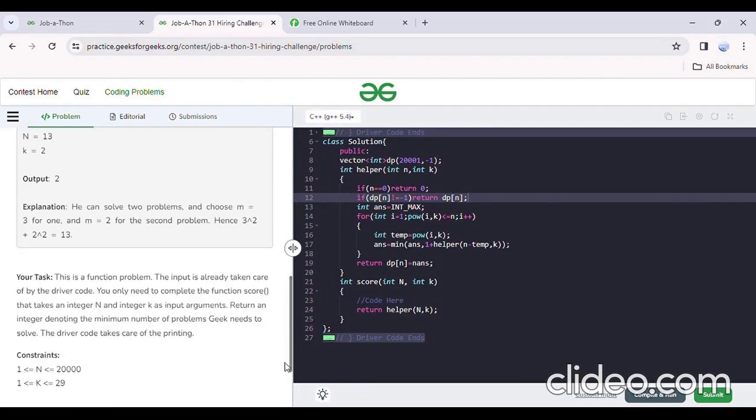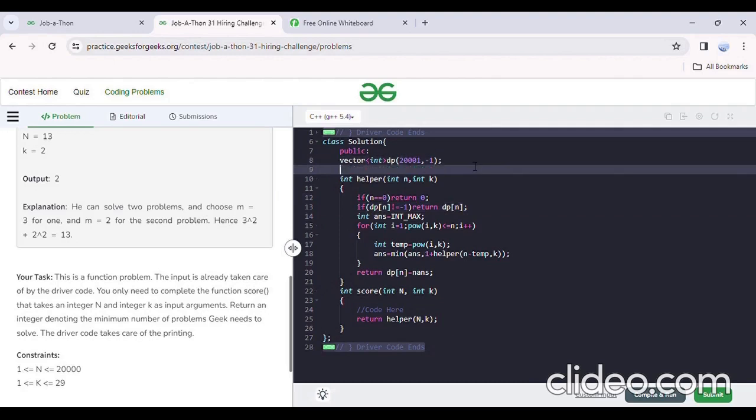Here vector int dp. Sorry, here it is answer, right? So I have to declare the answer. Now I will get the correct answer.